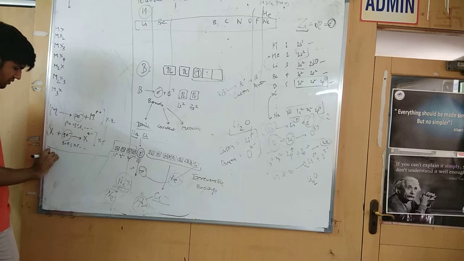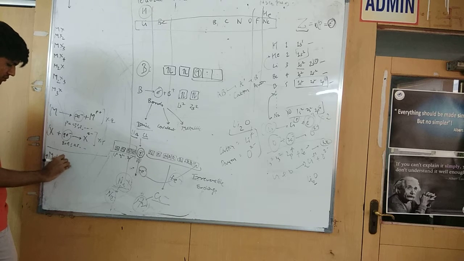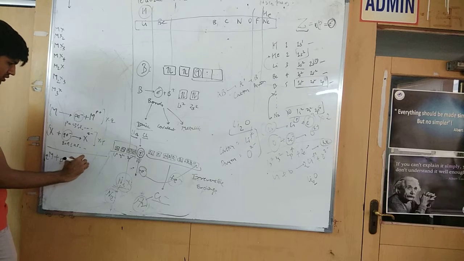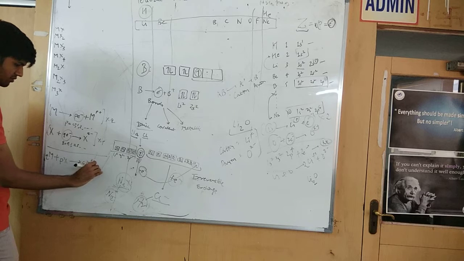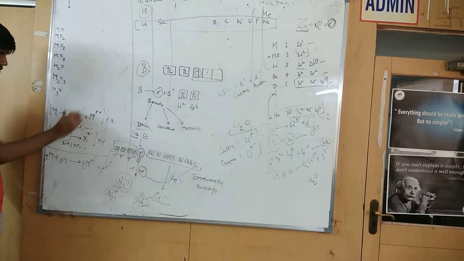Then it will be qM plus pX gives out qM p plus and pX q minus. Is it correct? That way the electrons will go out, right?